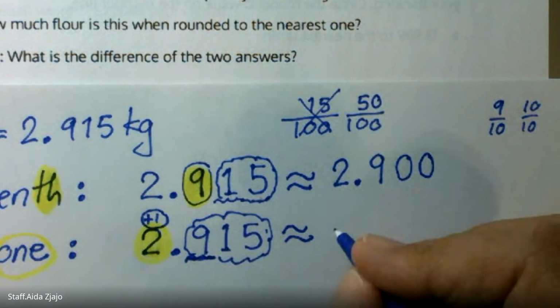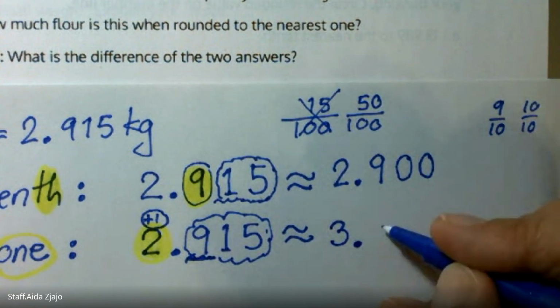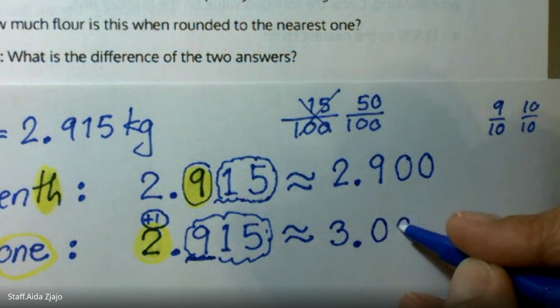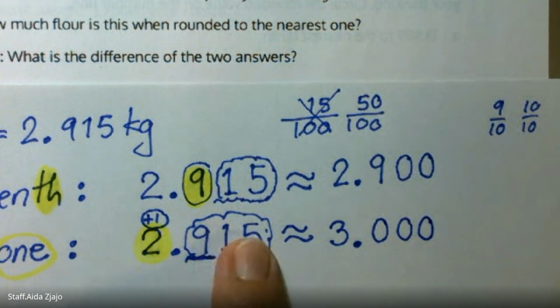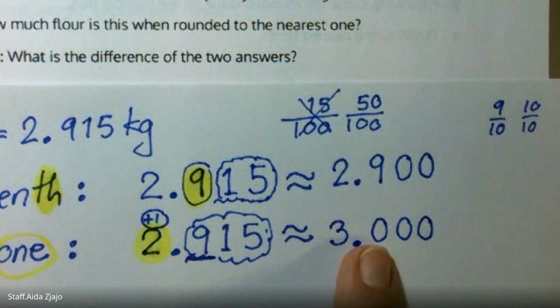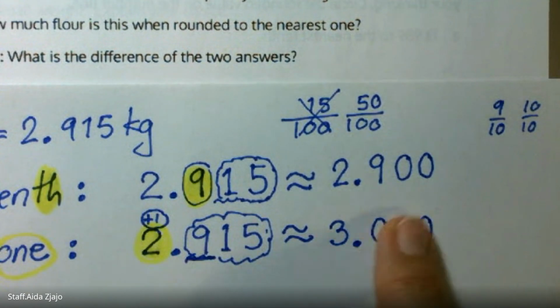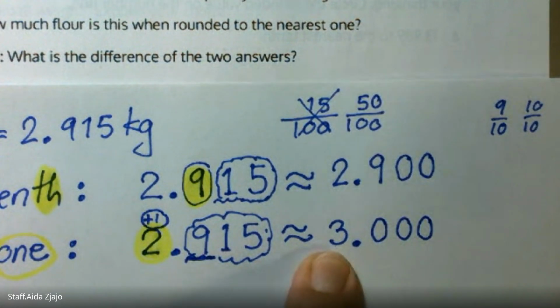So my rounding is going to be 3 wholes. I can add a 0 to the end, but I don't need to, because I used this to make a new bigger value. I have a 0 left there, but I have a new whole, if that makes sense.